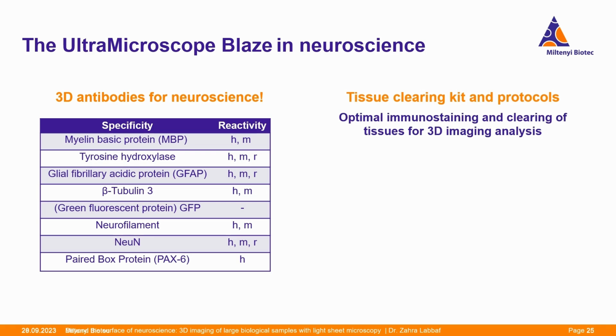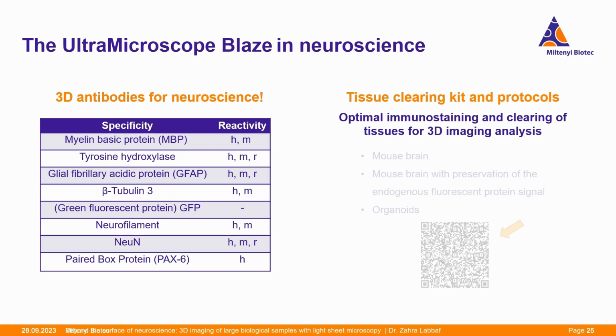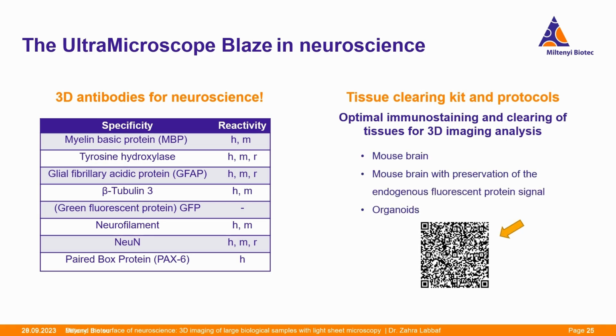On the other hand, we have the MAX clearing kit that ensures optimal immunostaining and clearing of tissues for 3D imaging analysis. In addition to this, we have clearing protocols specific for the mouse brain, or with preservation of endogenous fluorescent protein signals. Furthermore, we have specific protocols for clearing of organoids. To find out more about our clearing protocols, please follow the QR code.